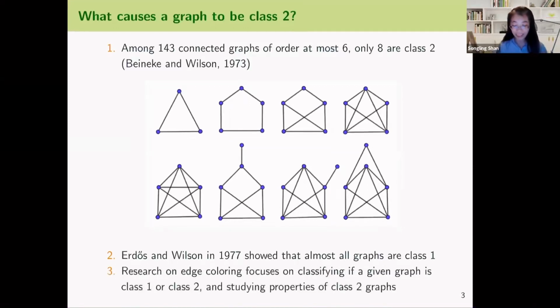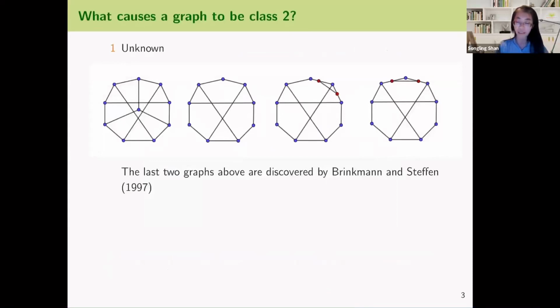So for research on edge coloring, we focus on classifying whether a given graph is class 1 or class 2, and we want to try to characterize some properties of class 2 graphs. And in terms of what causes a graph to be class 2, well, basically, for one of the reasons, we just don't know what the reason is. So it's kind of unknown. Like for this Petersen graph here, and the second graph, we call this one P star. This is just obtained from the Petersen graph by deleting one vertex.